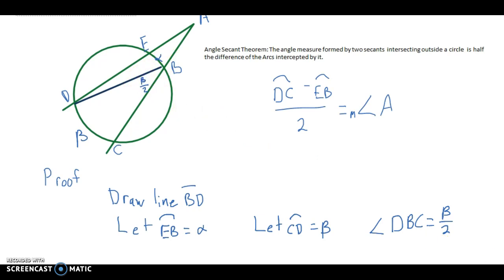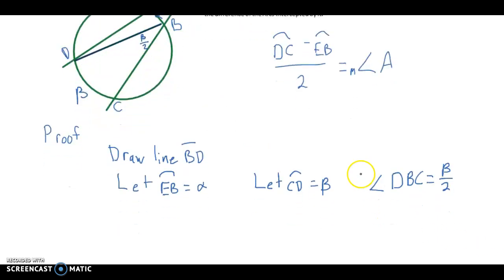And we can state that by what we call the inscribed angle theorem, and there's another video I've done on that. So by the inscribed angle theorem, we're going to call this right here beta over 2.